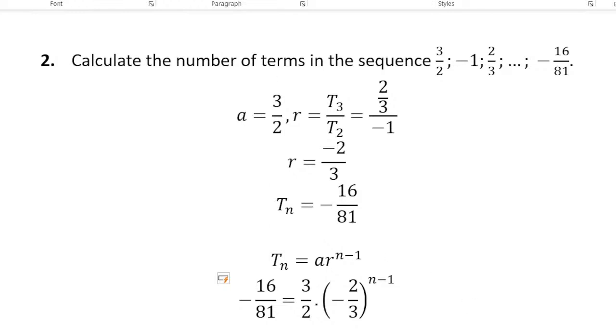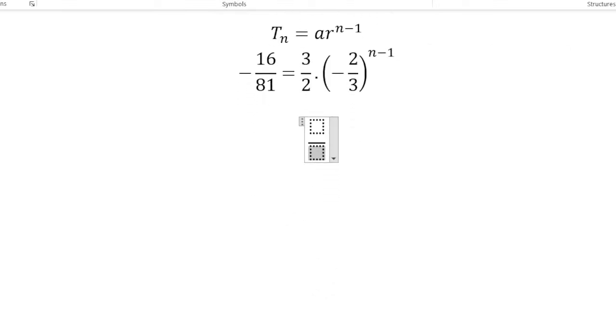So here, we're going to multiply by 2 over 3, multiplied by negative 16 over 81.